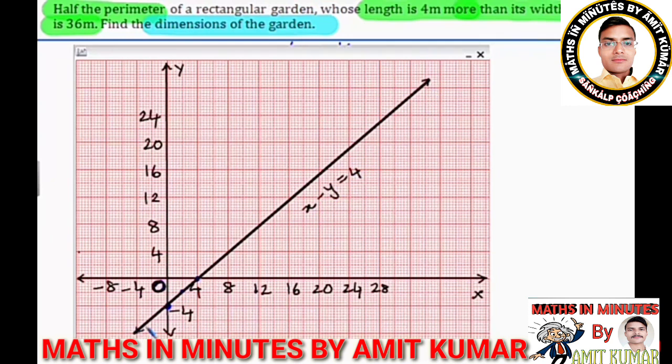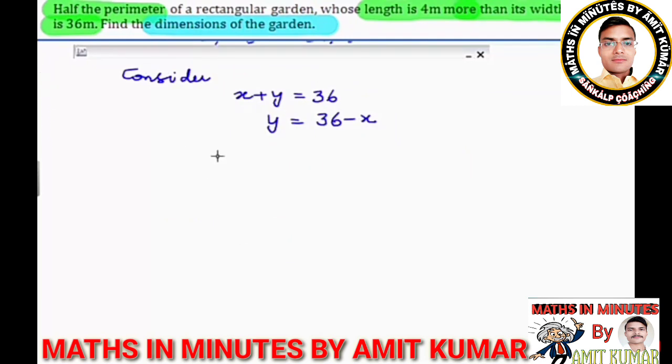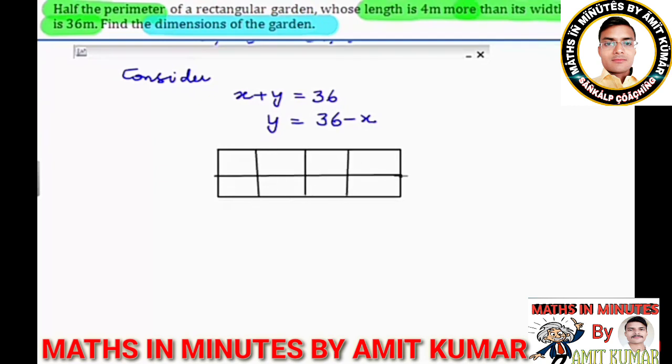Now let's consider the second equation, which was x plus y is equal to 36. Here we can write it y is equal to 36 minus x. We'll put value of x and obtain value of y. Let's determine the coordinates for equation number second.